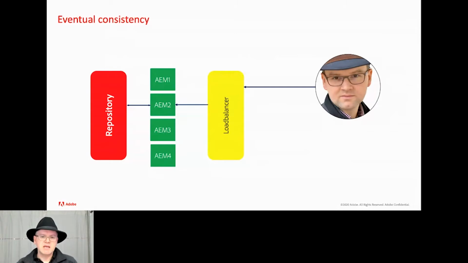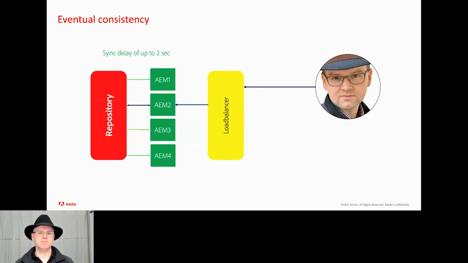That means it makes a difference if I do the first operation on AEM instance 2, and then the read on AEM instance 3 or on AEM instance 2, because there is a sync delay of up to 2 seconds, meaning when I write on AEM instance 2 and try to read the thing which I just wrote on AEM instance 3, it might not be there yet.